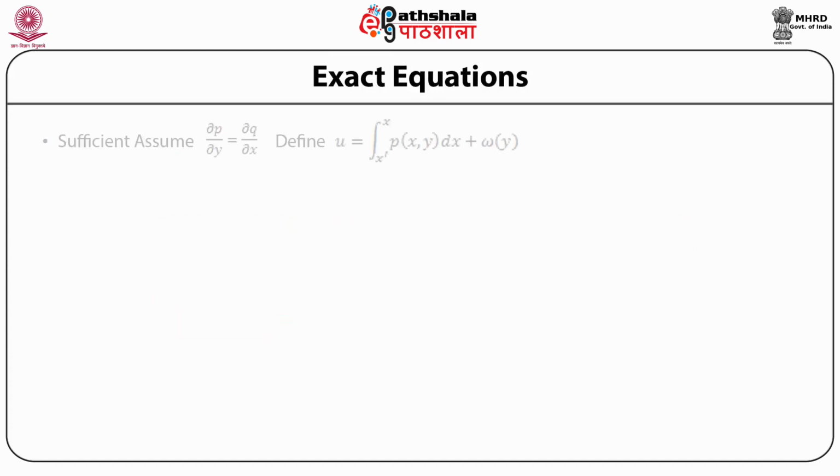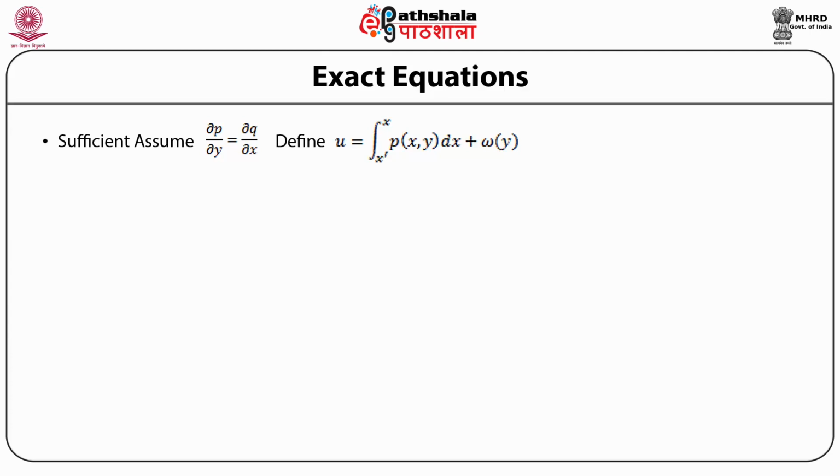Now, to prove the sufficiency of the condition, we assume that equation del P by del y is equal to del Q by del x is satisfied. We define u equal to integral of P of x, y dx within the definite limits x prime to x plus w of y.